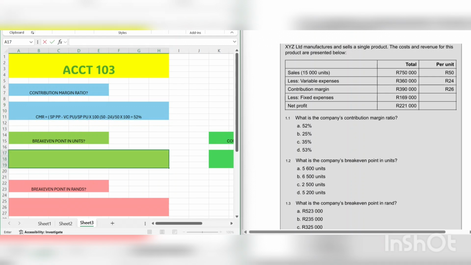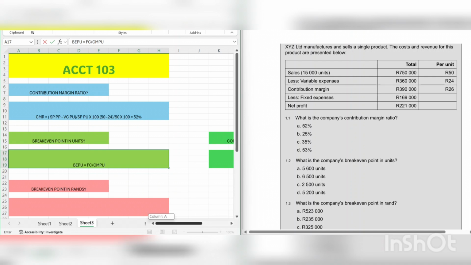Second thing it asks us to do is calculate your break-even point in units. Your break-even point in units is your fixed cost divided by your contribution margin per unit, which we were not given. We did calculate our contribution margin ratio, but we didn't calculate our contribution margin per unit.